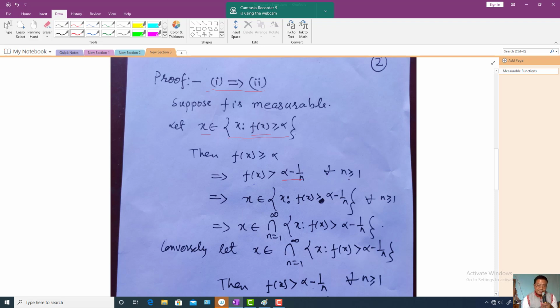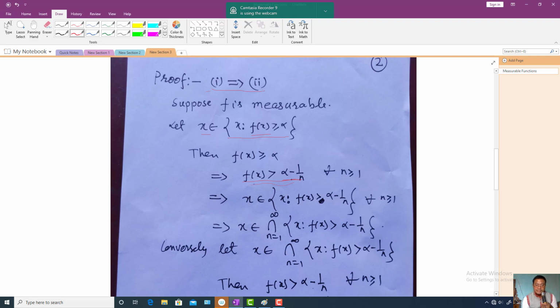This is true for all n greater than or equal to 1. Okay, the equality will not be there. F of x will be strictly greater than alpha minus 1 upon n for every n greater than or equal to 1. So this statement is true for all n. If f of x is greater than or equal to alpha, then f of x is greater than alpha minus 1 upon n for all n.